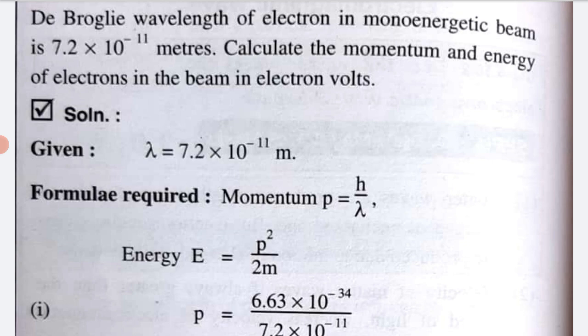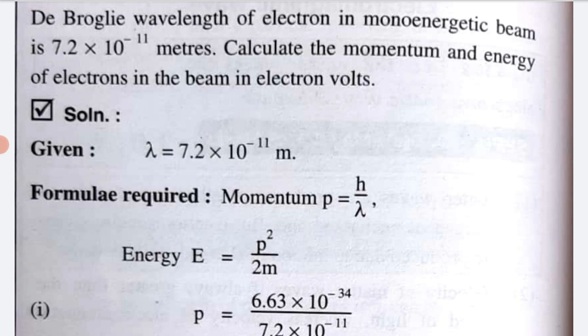The de Broglie wavelength of an electron in an energetic beam is 7.2 into 10 raised to minus 11 meters. Calculate the momentum and energy of the electrons in the beam in electron volt.